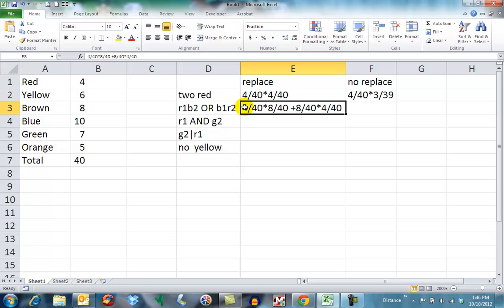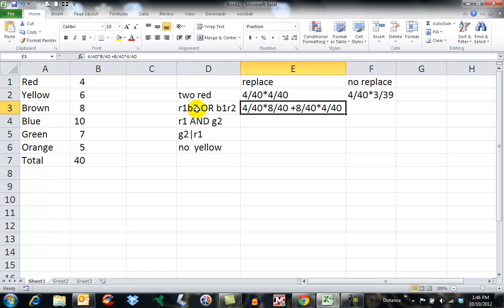Now, if there was an intersection of these things, we would subtract them. If this had been a red 1 or brown 2, then we would have had to subtract out where they have red 1 and brown 2. But we don't have that. We're looking at one thing or another thing and not the total probability.